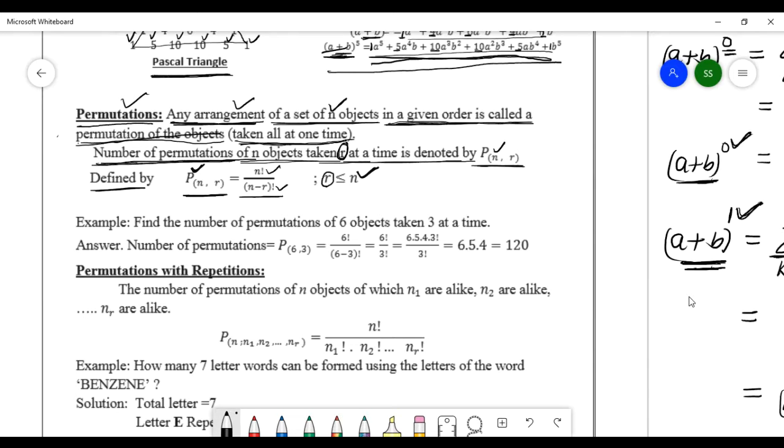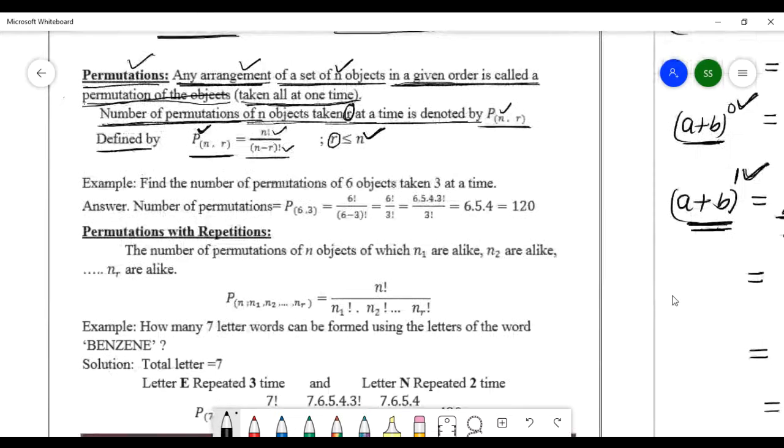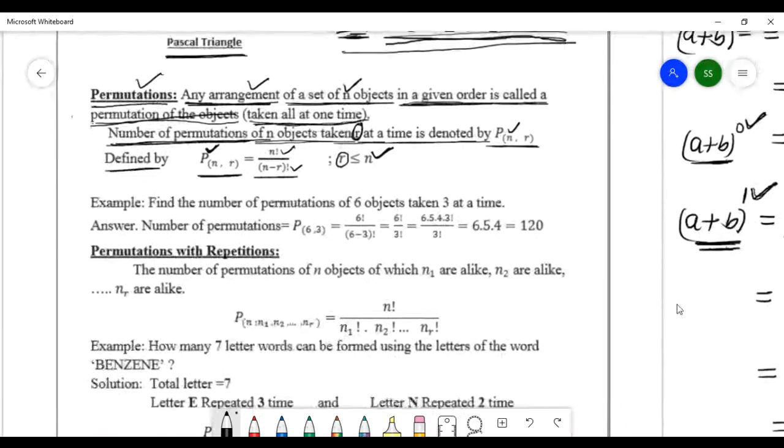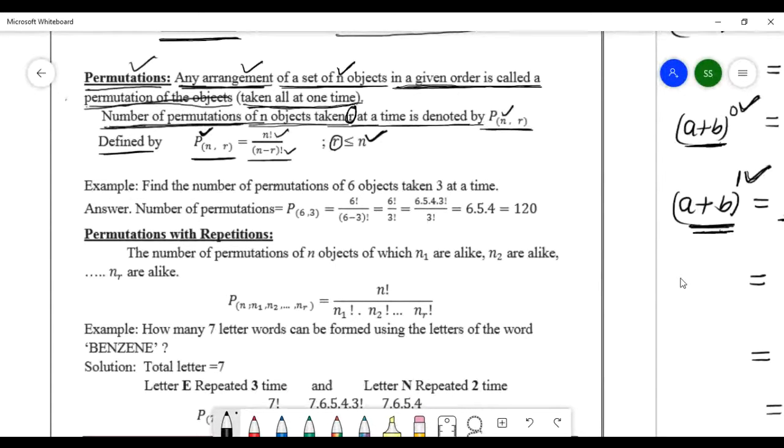So now see the example. Total objects n, and you take r objects and arrange them. See this example, it will be clear. Find the number of permutations of 6 objects taken 3 at a time.